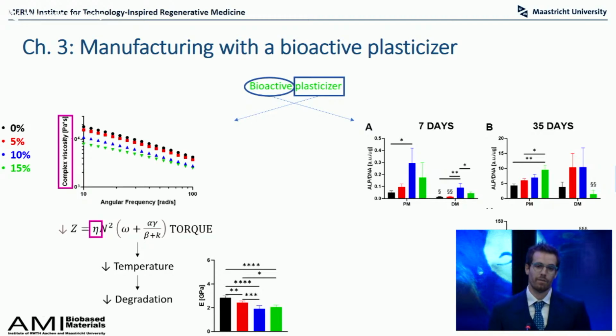But why bioactive plasticizer? Plasticizer because instead of solving the problem of thermal degradation and loss of molecular integrity, as stabilizers would do, we instead just want to avoid the degradation process by plasticizing our material. The plasticization effect does nothing but reduce the viscosity of the material. This allows processing the material with a lower torque requirement, so with a lower driving force.